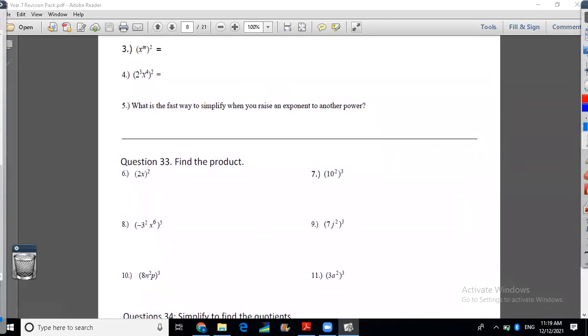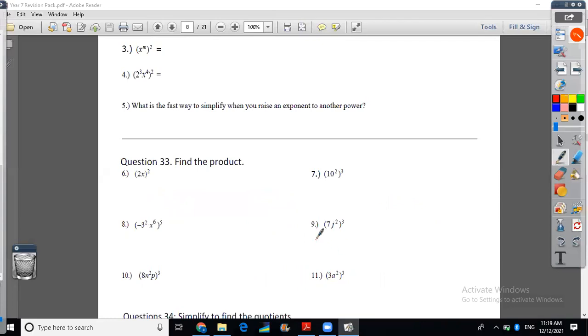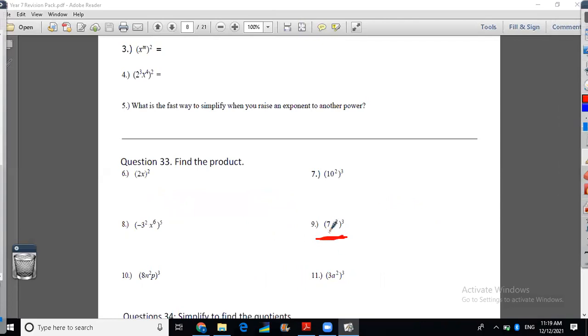All right, so here, if I have this, what does this mean? It just means it's 7 to the power of 3. This is how we expand it. J to the power of, oh yeah, so it's j to the power of 2 to the power of 3, which is j to the power of 6. Okay, guys, we multiply the power.